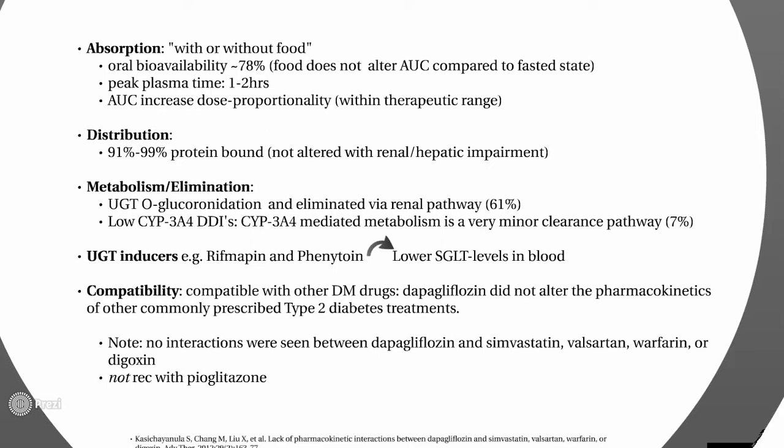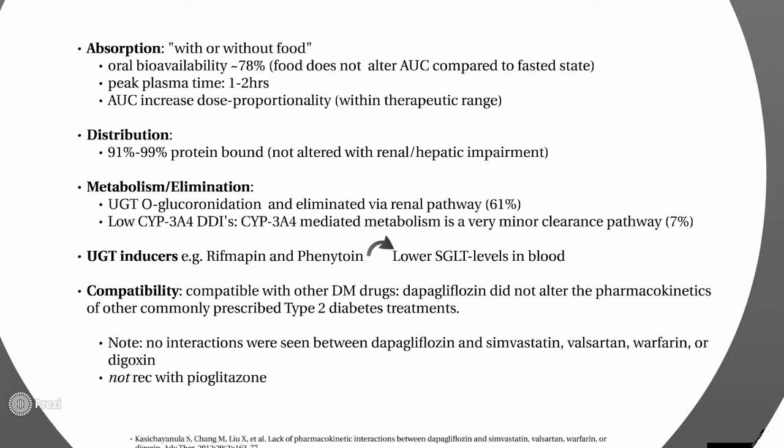In patients with severe hepatic impairment with a Child-Pugh score of A, B, or C, they saw a decrease in AUC from 12 all the way up to 65%, but no adjustments are needed because that data wasn't clinically meaningful. Patients still experienced similar effects as people who had a healthy functioning liver.